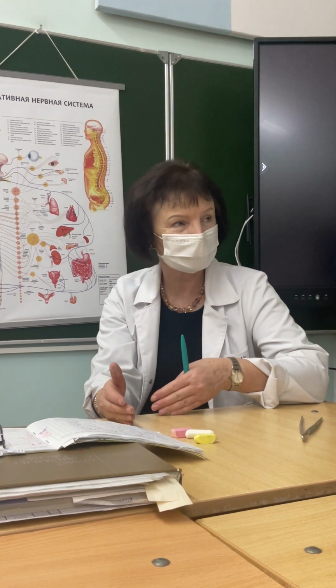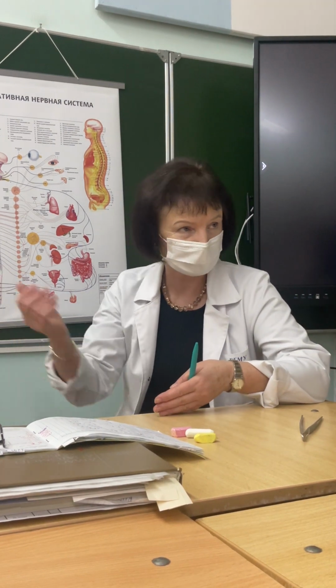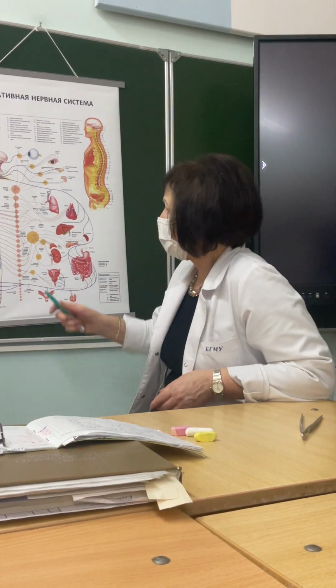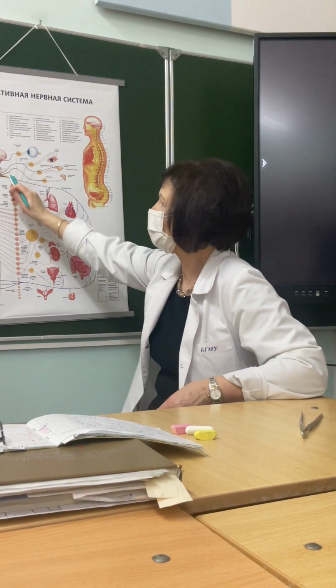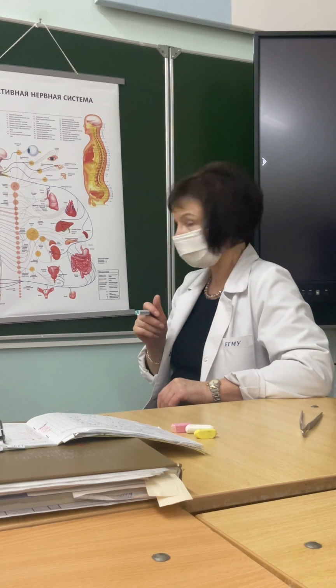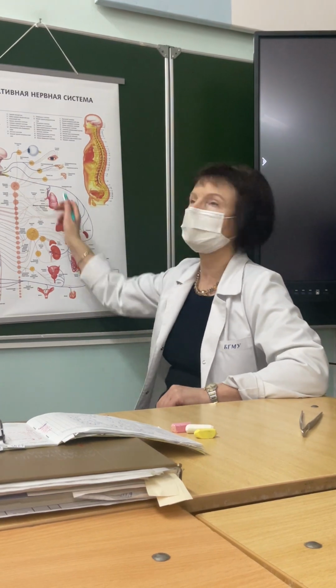So you say afferent, sympathetic and parasympathetic, and then describe the sympathetic and parasympathetic pathway, which we already know, yeah. And here we have this red color, sympathetic, blue color, parasympathetic.